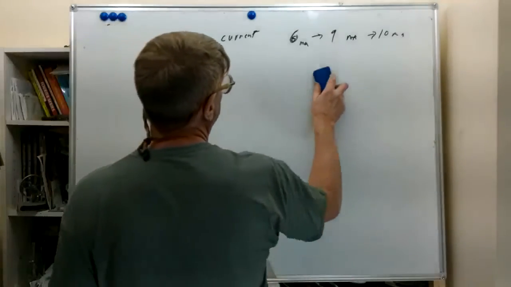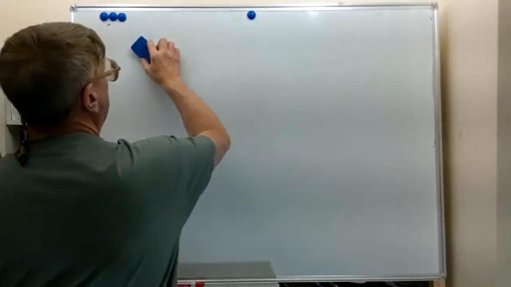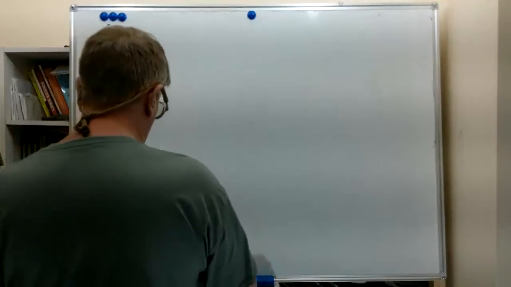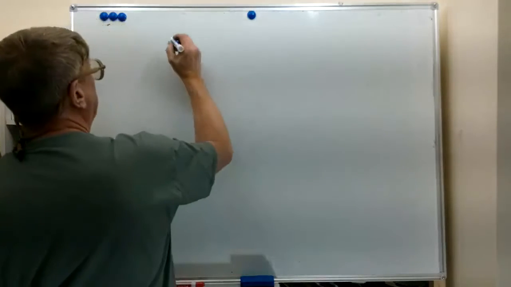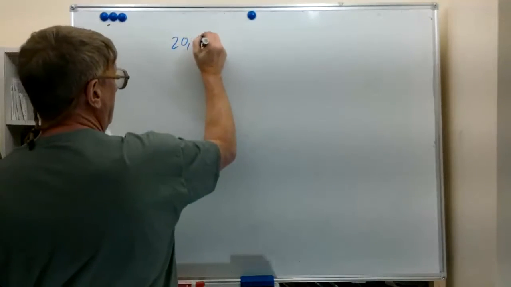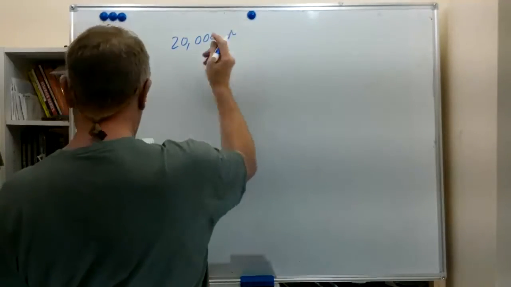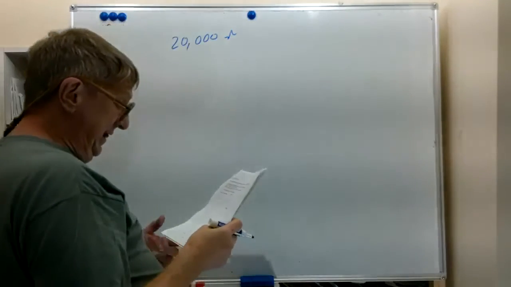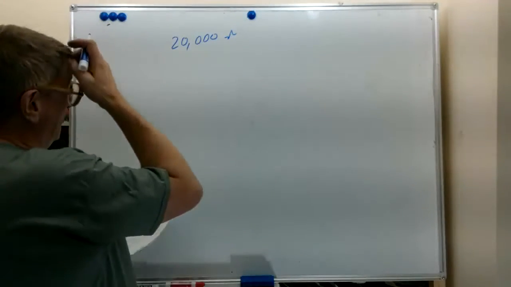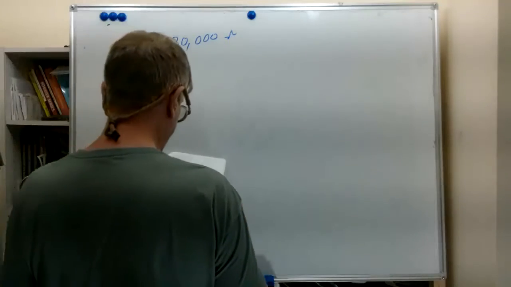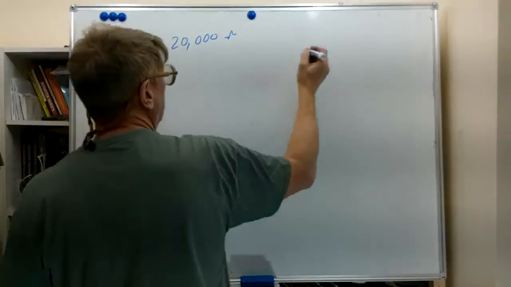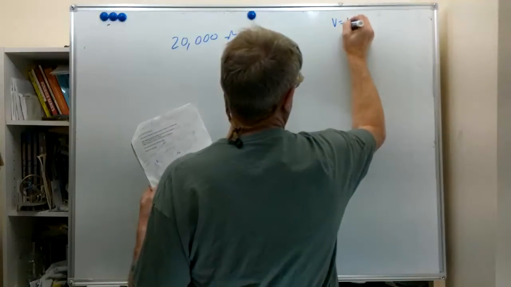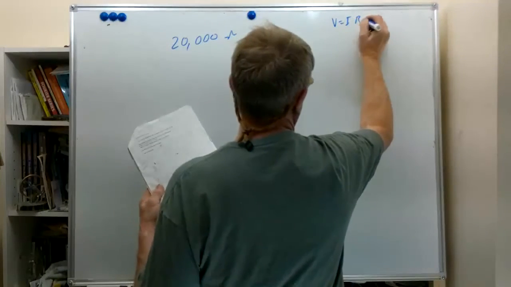Let's just say that you get across the circuit in such a way that your resistance happens to be 20,000 ohms. Well, at 20,000 ohms, we're going to use our voltage equals current times resistance.